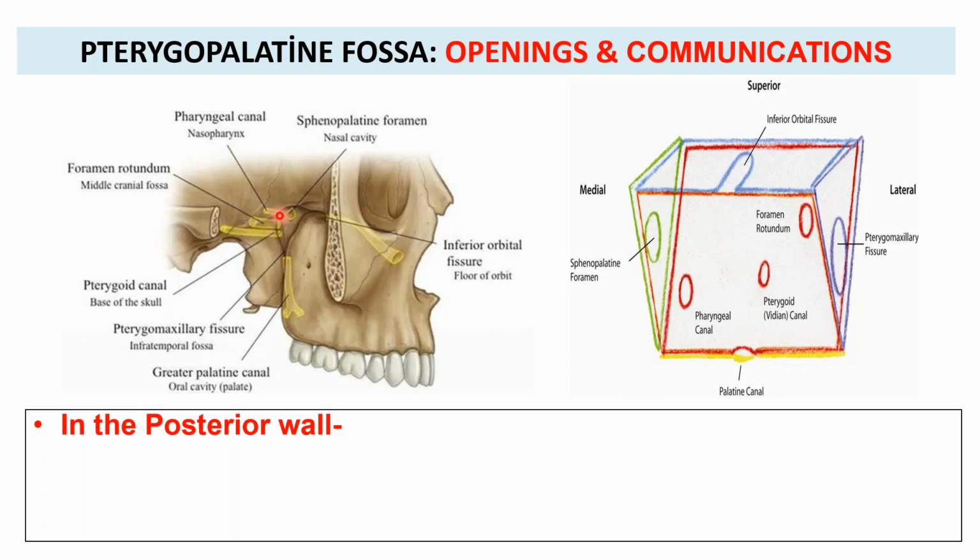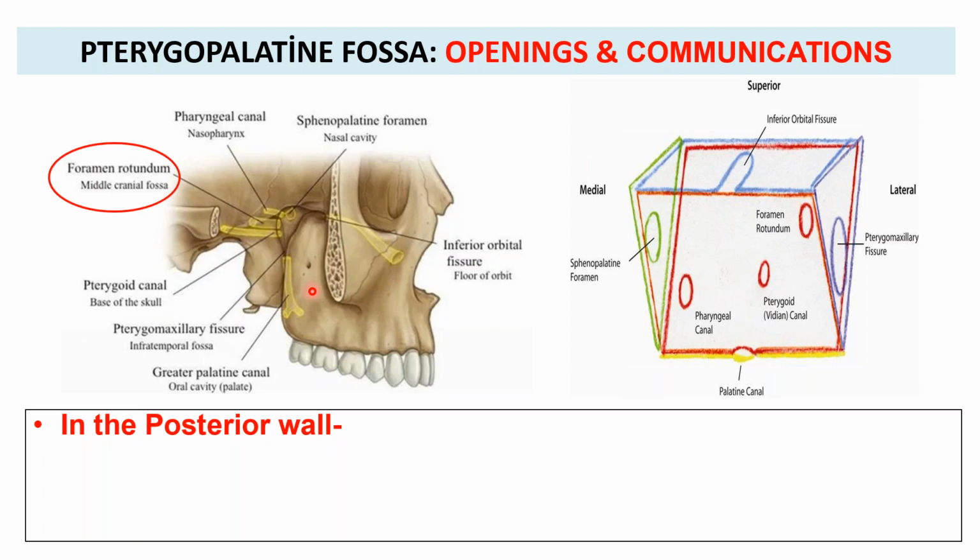If we see the uppermost, this is the pharyngeal canal, which is also called the palatovaginal canal. Through this, it is going to communicate with the nasopharynx. Through the foramen rotundum, it is going to communicate with the middle cranial fossa. And the last one is the pterygoid canal, which is going to open into the base of skull. Through this, the pterygopalatine fossa will communicate with the base of skull.